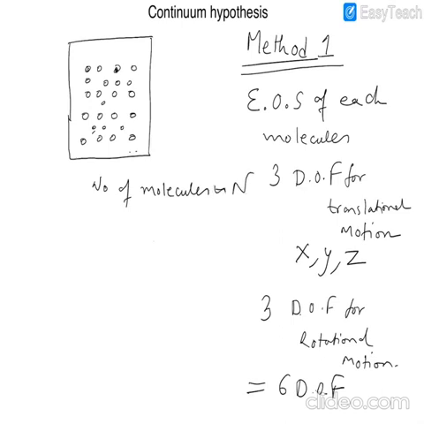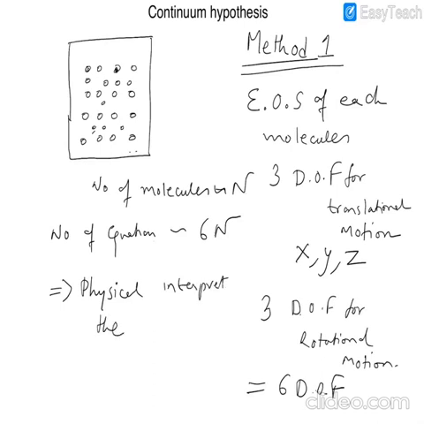So the number of equations you need to solve is of the order of 6n, that is 6 degrees of freedom times the number of molecules. If you can solve those 6n equations, then you can physically interpret the system. This type of analysis is what we call molecular dynamics.